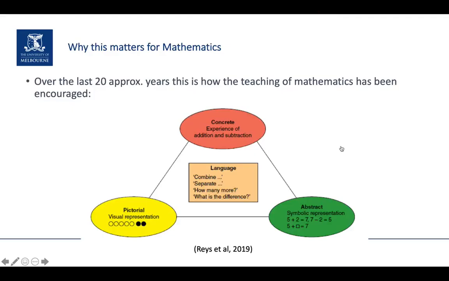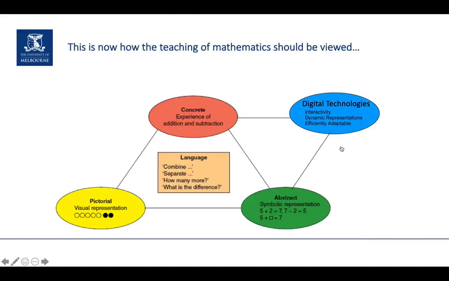Just thinking about the way that we represent mathematics, for the last 20 or so years, we've focused on three different representations of mathematics in the primary maths classroom: concrete representations, abstract or symbolic representations, and pictorial representations. All of this we move through using the language of mathematics. There is a fourth dimension that I would like to think about, and that is the use of digital technologies.